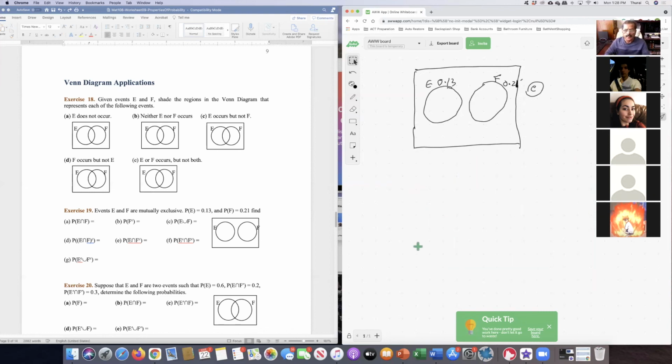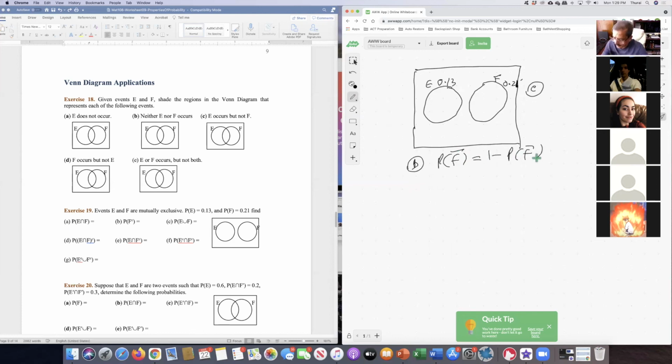Part A, E intersection F is empty, and therefore probability of E intersection F is 0. Right, part A is clear. Part B is F complement. F complement would be everything outside of F. Probability of F complement is 1 minus probability of F. We learned that already.